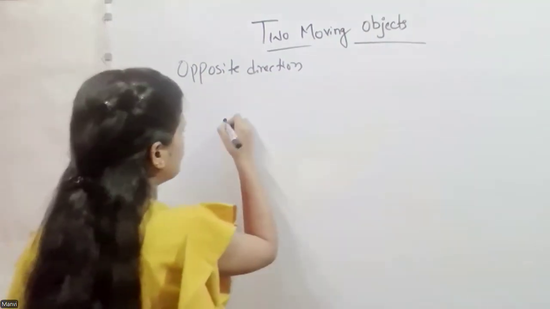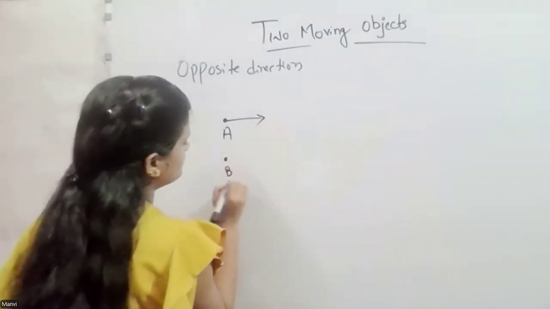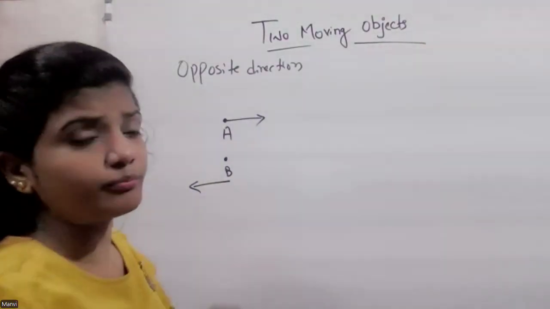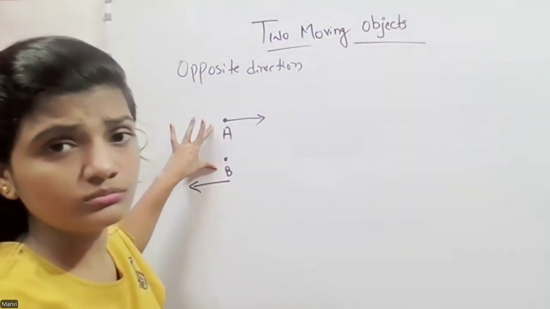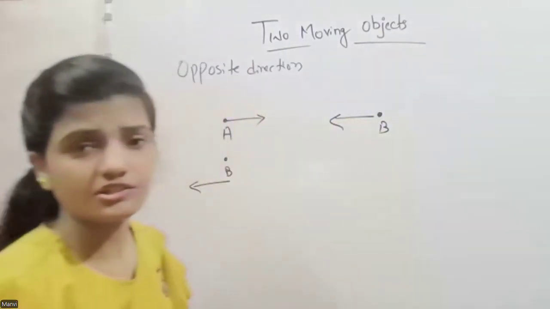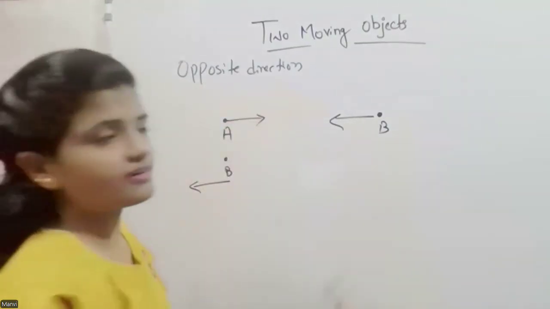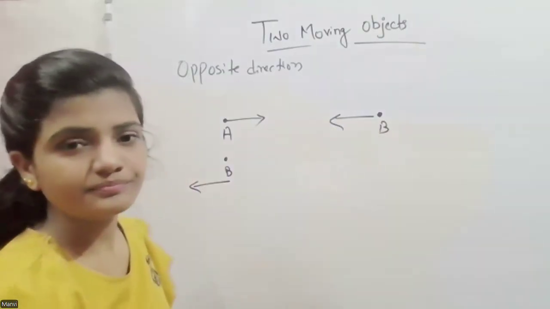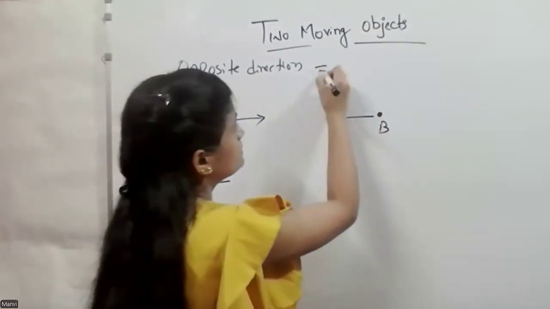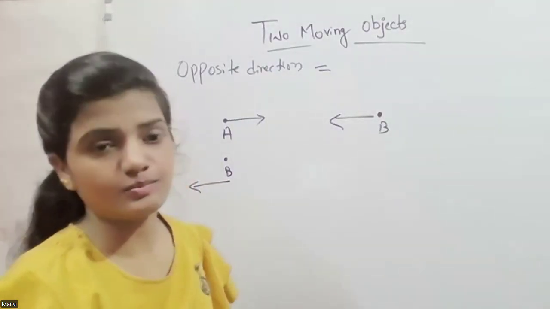For example, car A travels in this direction and car B is traveling in that direction. It's not necessary that both are at the same place only. Maybe car B is here, and it can still travel in a different direction. The direction of car A is this side and the direction of car B is that side, right? So in opposite directions, we need to subtract the speed. Sorry, in opposite directions, we need to add the speed, right?